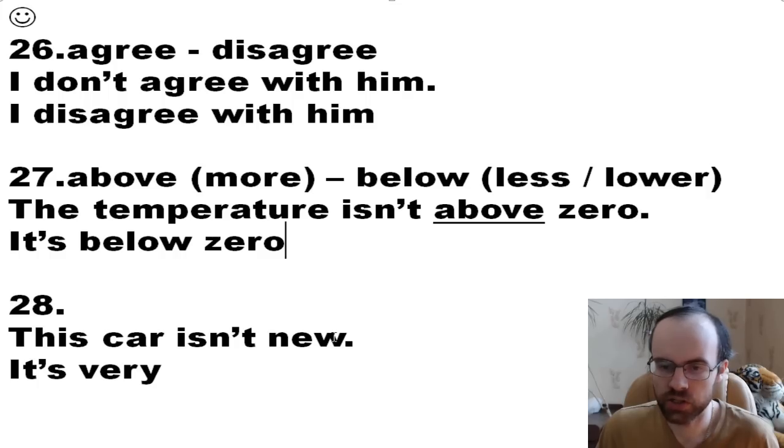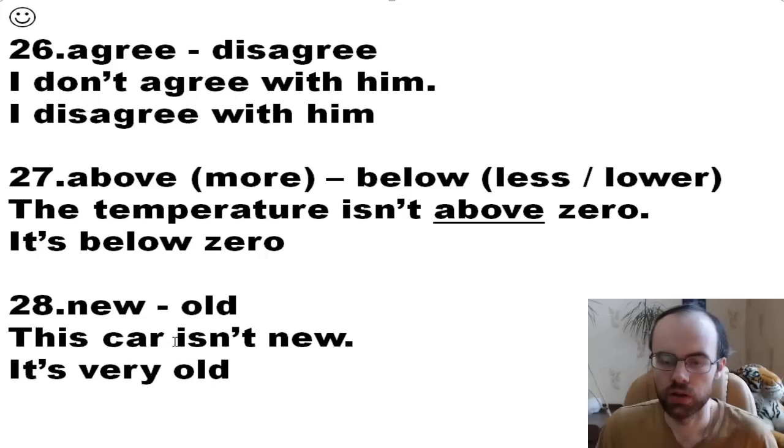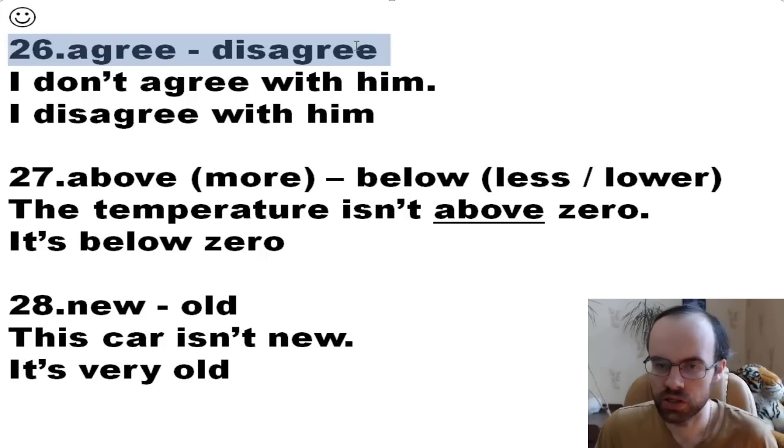This car isn't new. It's very new and old. It's very old. This car isn't new. It's very old. Agree. Disagree. I don't agree with him. I disagree with him.